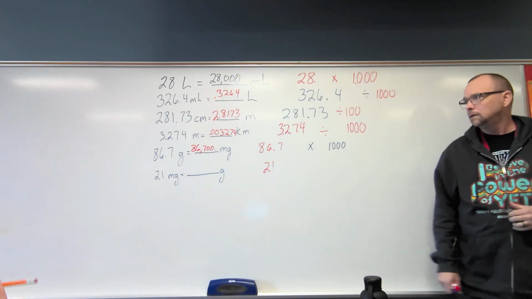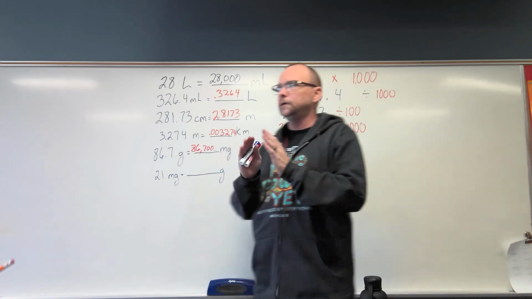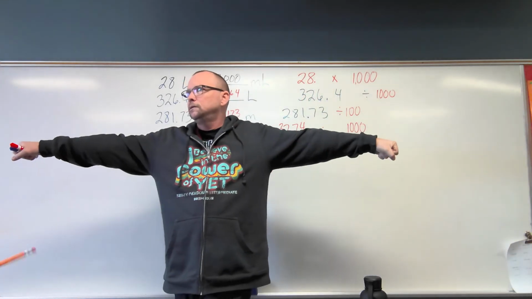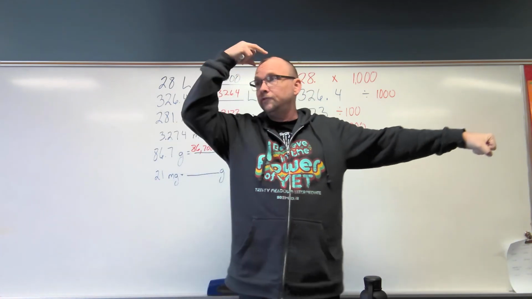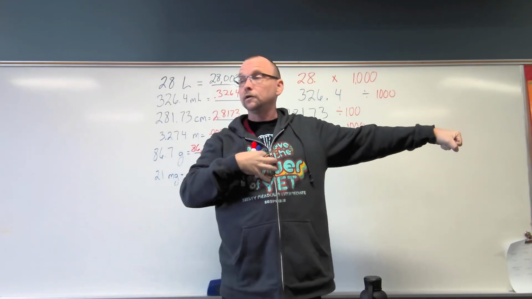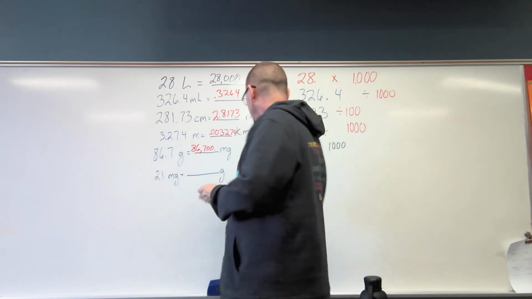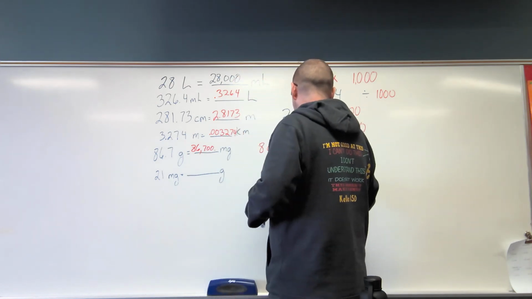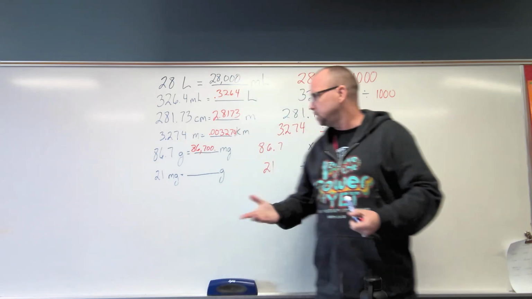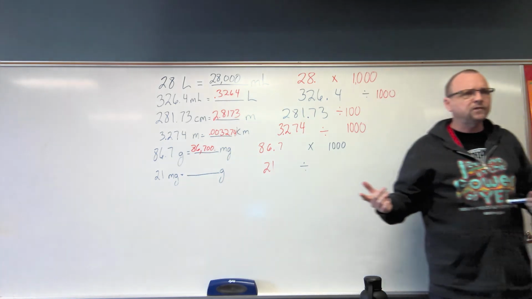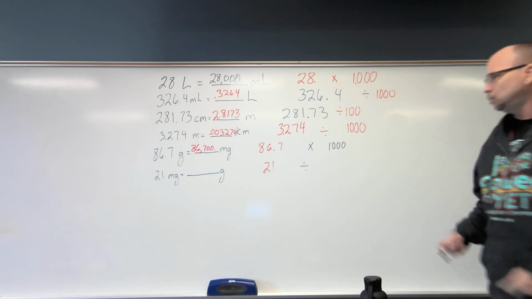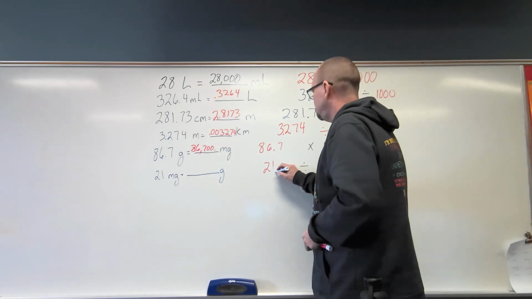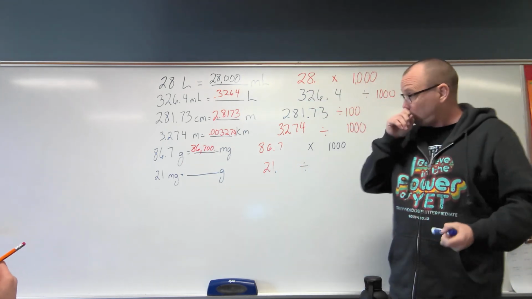So we're going from a smaller unit to a bigger unit, which means we're going to divide. Eli, where's my decimal point in the number 21? I gotta have a decimal point, Eli. Please tell me where it is. Behind the one, because the one's in the ones place. Thank you. Phew. I was panicking, Eli.